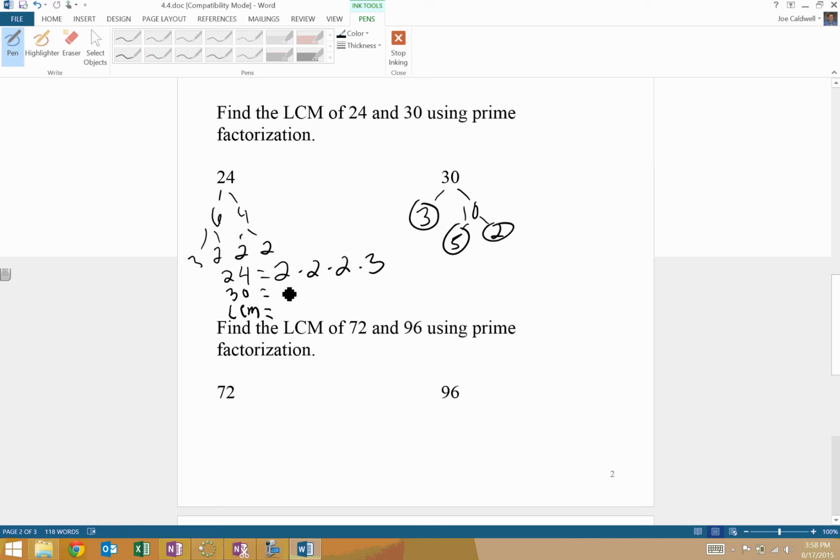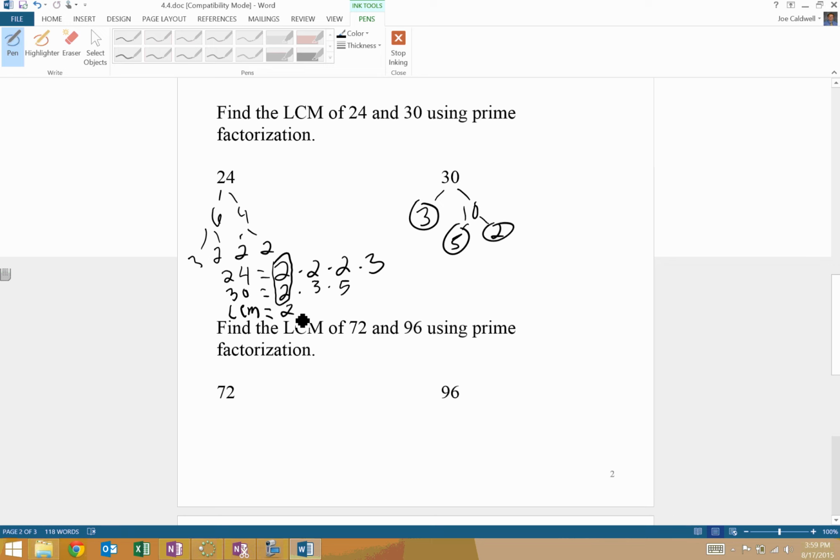Okay, so list them out. So here's the change. Still looking to circle prime factors they have in common and write down the number as a representative. So we're going to write down our pair of 2's.